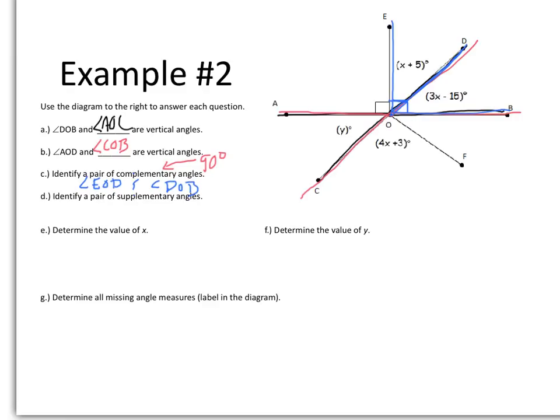Part D. Identify a pair of supplementary angles. Remember, supplementary angles are angles that add to 180 degrees. We were just talking about all lines have an angle measure of 180 degrees. Well, let's pick two angles that are on this line because those would make those supplementary. I'll pick one and I'll label that in black. I say we use angle AOD.